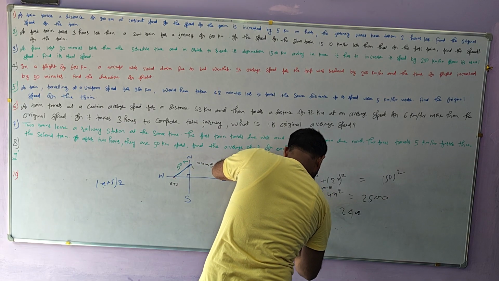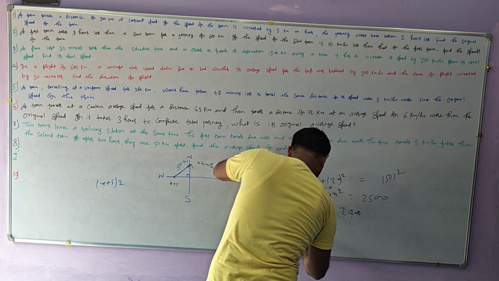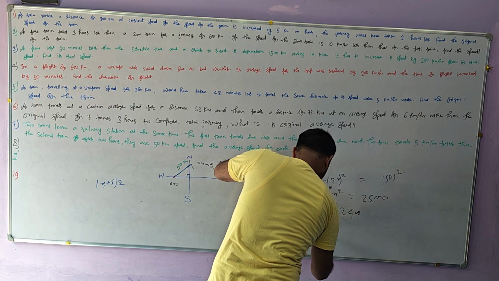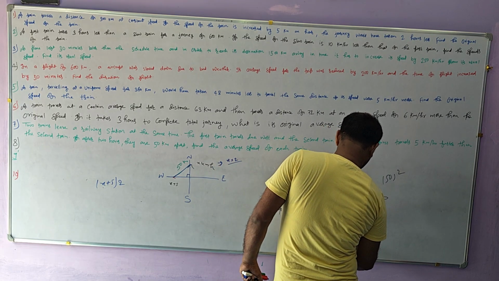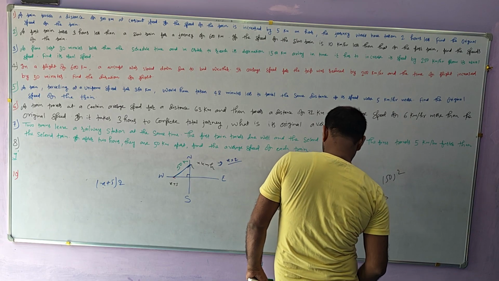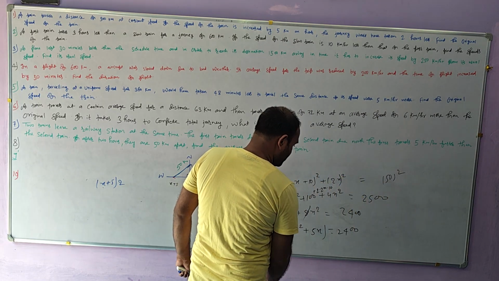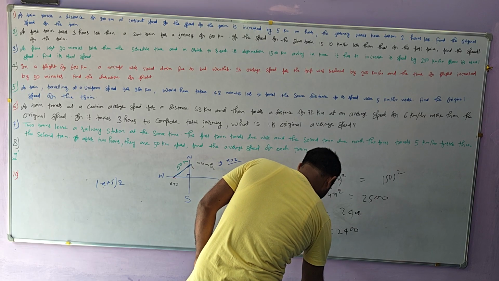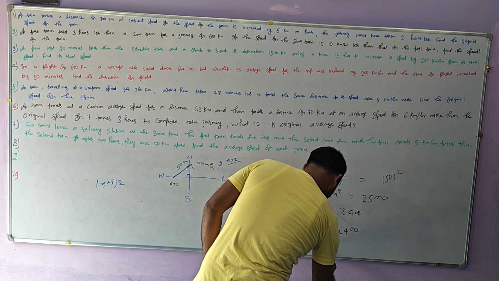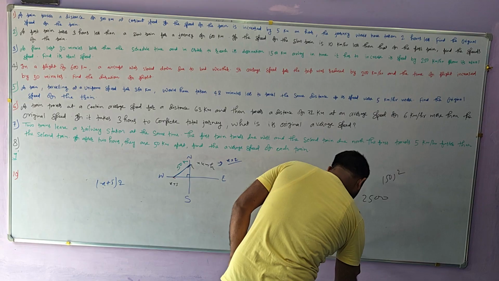Now we can cancel out, 8x square plus 40x is 2400. That's going to be x square plus 5x minus 300 is equal to 0.